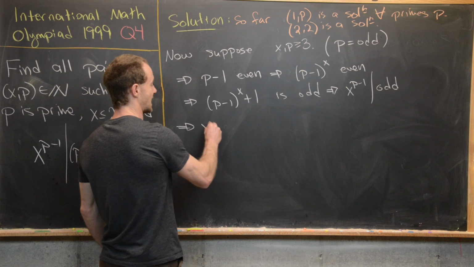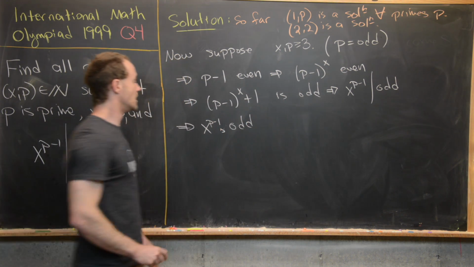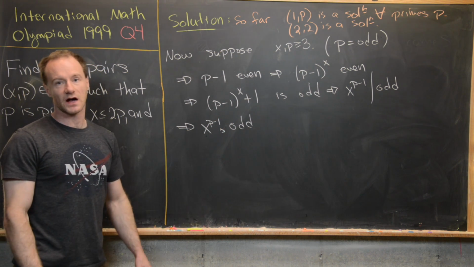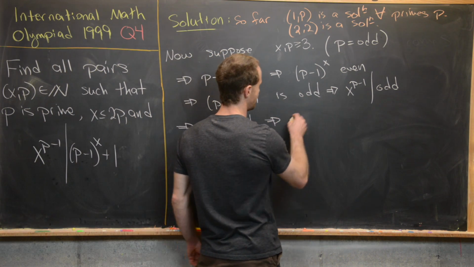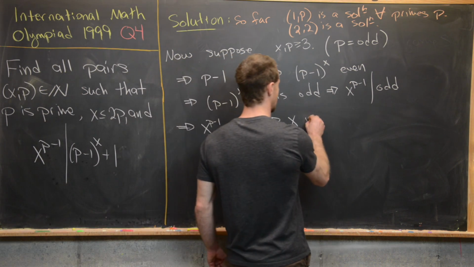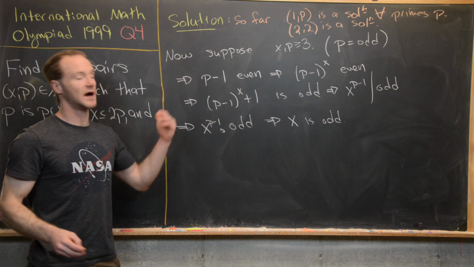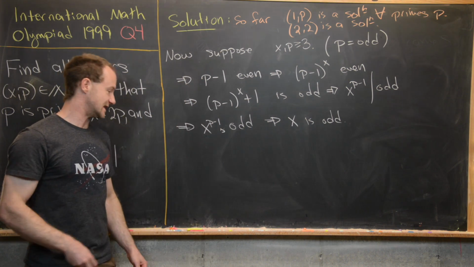So in other words, we know that x to the p minus 1 is also odd. But again, the only time an exponent of a number is odd is if that underlying number is also odd. So we know the parity of x now, and we can say that x is most definitely odd. Great. So we know that p is odd because it's a prime number bigger than or equal to 3. And now we know that x is odd.